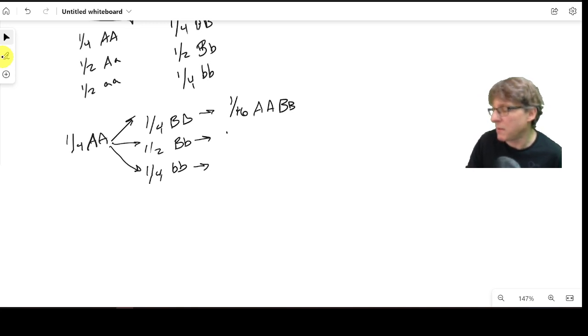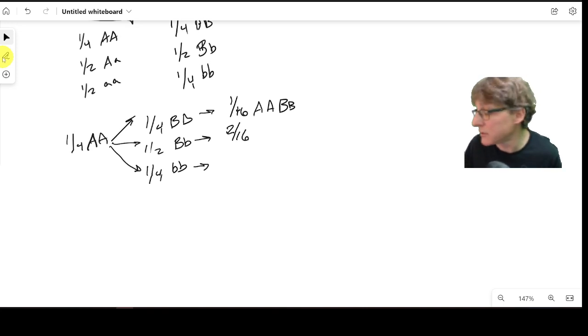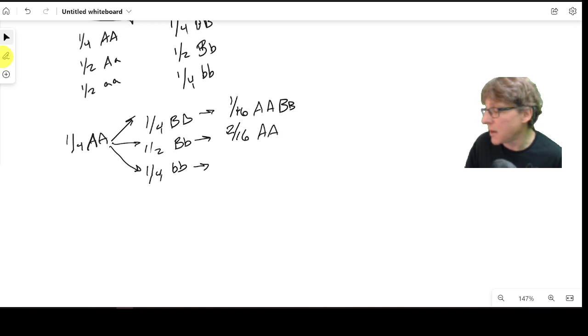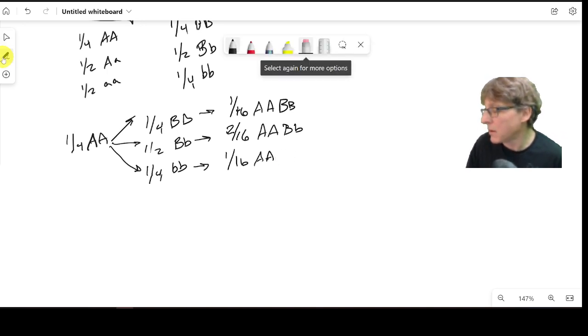Then 1/4 times 1/2 is 1/8. So let's just keep things in terms of sixteenths. 1/8 is 2/16 of the offspring would have capital A, capital B, lowercase b. And then 1/4 times 1/4, we'd have 1/16 of the offspring having capital A, lowercase b, lowercase b.